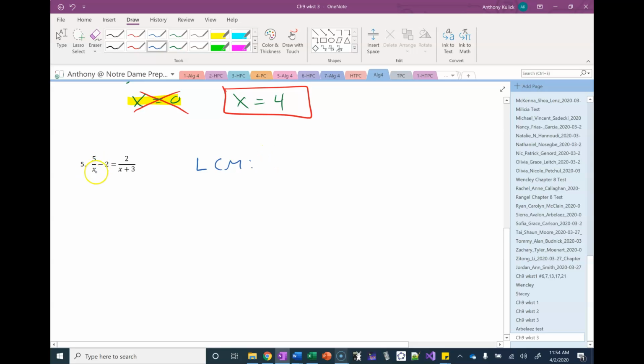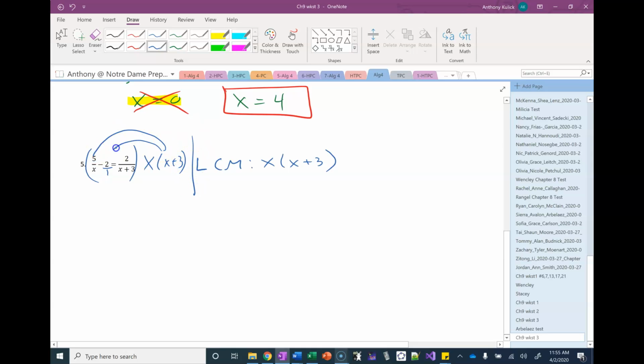My denominator here contains an x, so that's a prime factor. The denominator on the 2 is really a 1, so we don't care about it. And then x plus 3 is also prime, so that's a distinct factor. So my least common multiple will just be x times x plus 3. So that's what I'm going to multiply to both pieces.